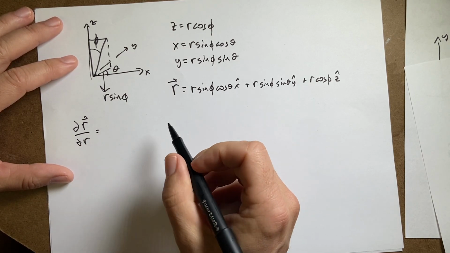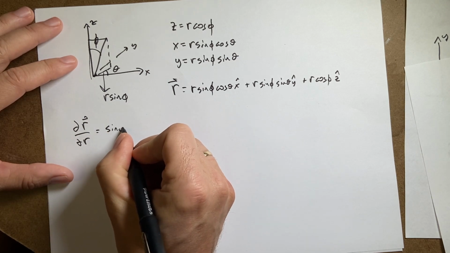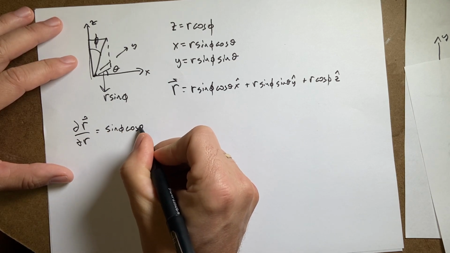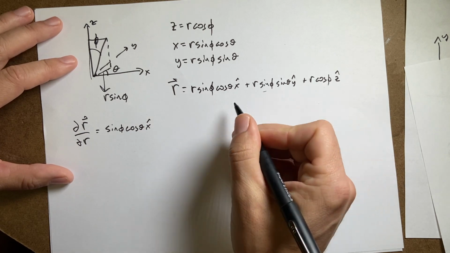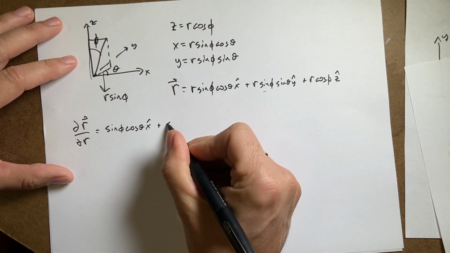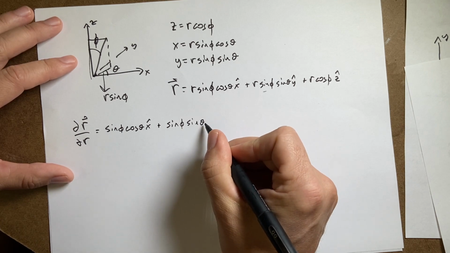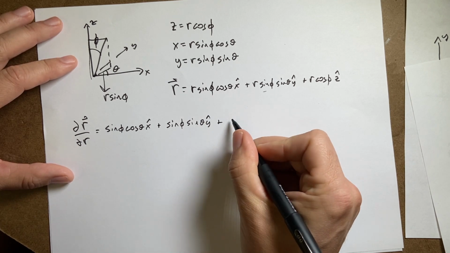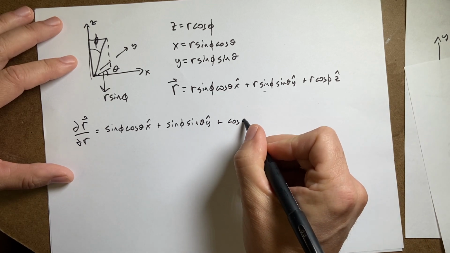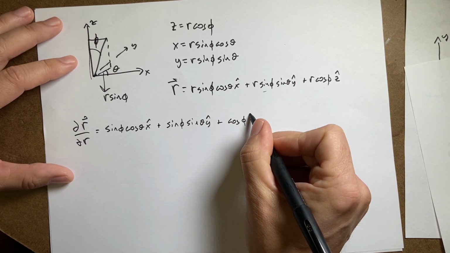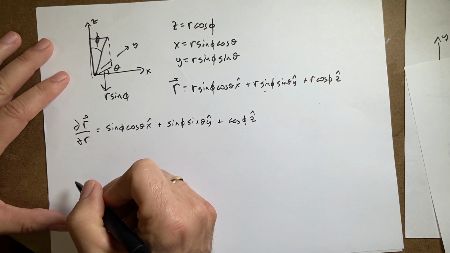So right here, this is easy. I just get sine phi cosine theta x hat, plus sine phi sine theta y hat plus cosine phi z hat. Now I need to find the magnitude of that.